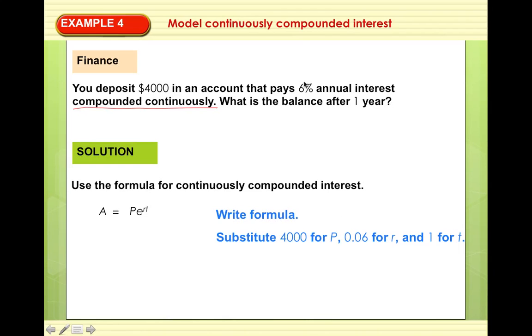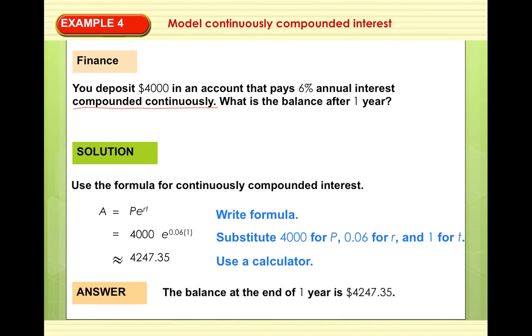The 6% is going to be our rate, but we change it to a decimal again, so 0.06 for r. And then our time is just 1 year, so we're going to put in 1 for t. So when we substitute all that in, and then use a calculator to work it out, we should get about 4,247.35.